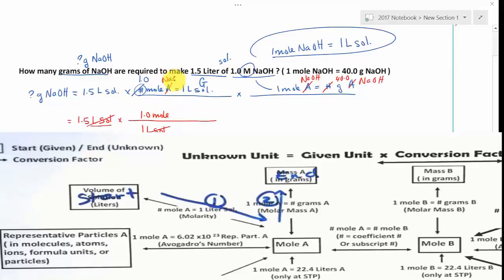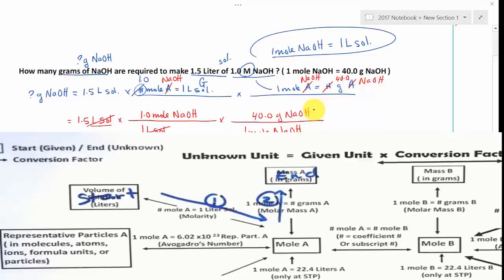It's your NaOH. So this is NaOH, okay? Times our next conversion factor, which is this one right here. If this mole of NaOH down here has to be the same, which is 1 mole of NaOH, what's on the top part would be 40.0 grams of NaOH.